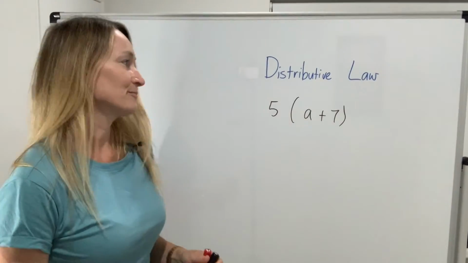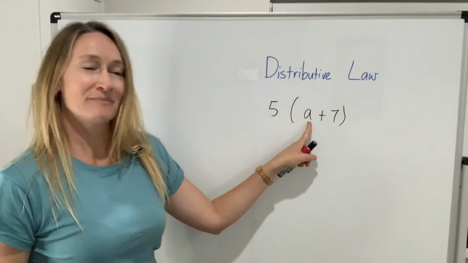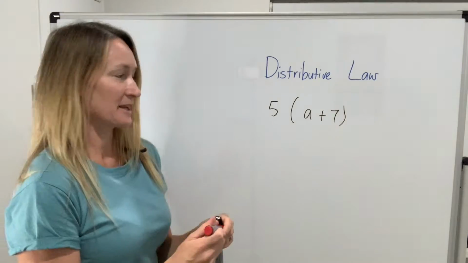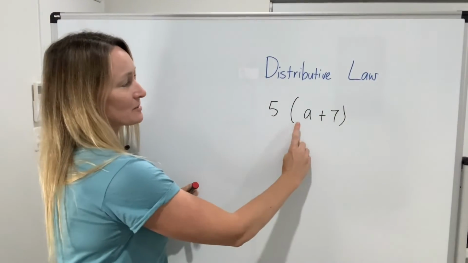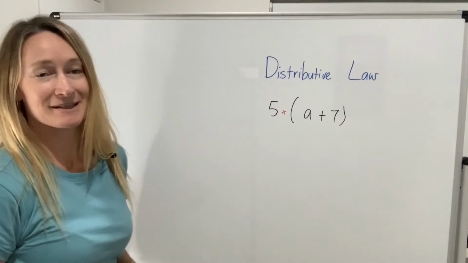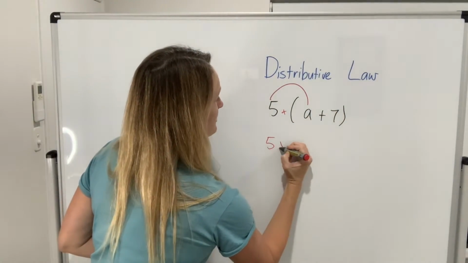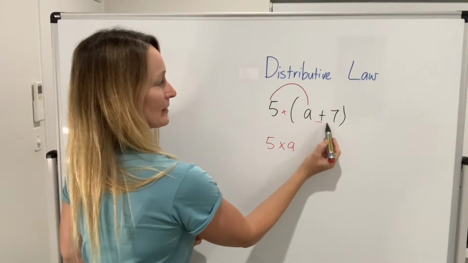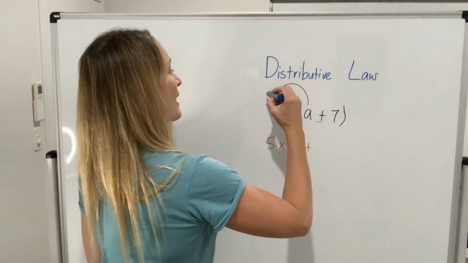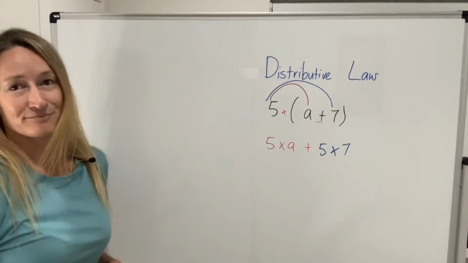An example where we do have an unknown number, a variable A. So let's apply distributive law here. So this 5 needs to be multiplied by both terms in the brackets there. So first we would do 5 multiplied by A and plus 5 multiplied by 7.